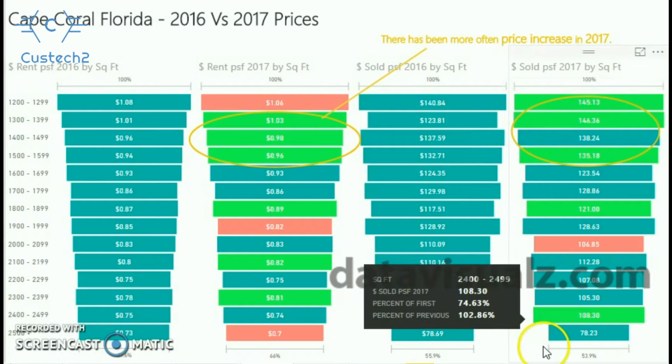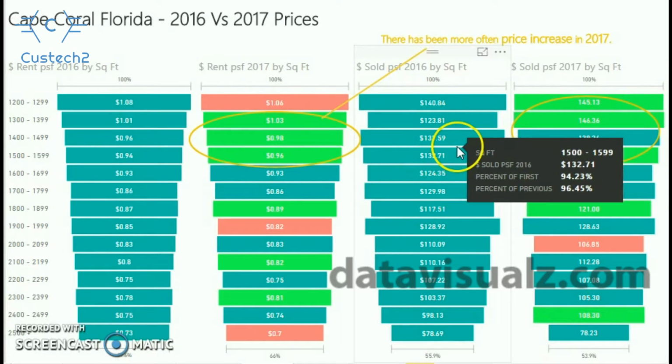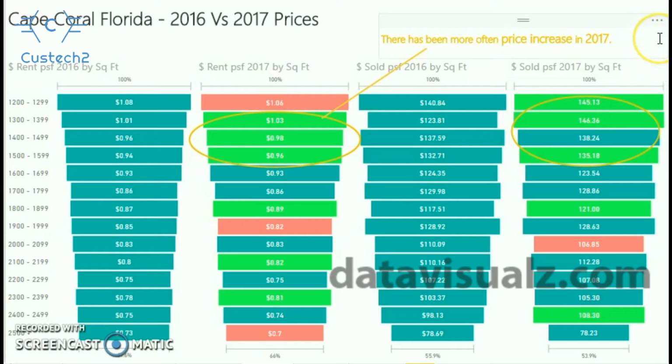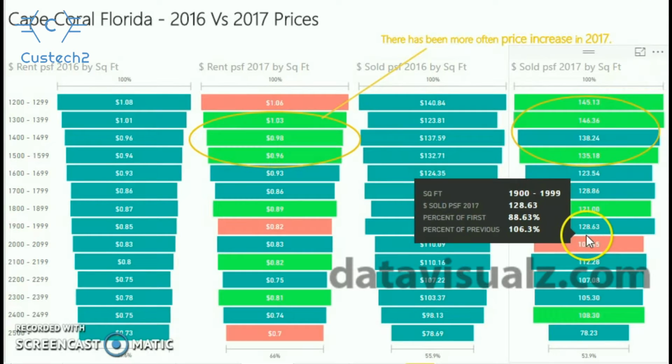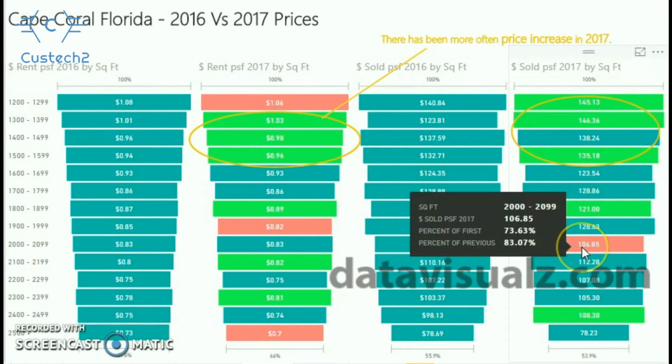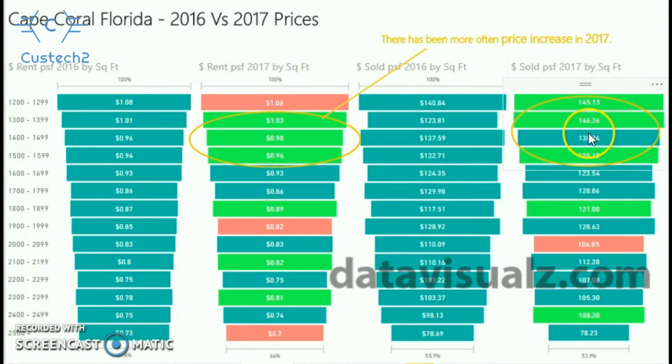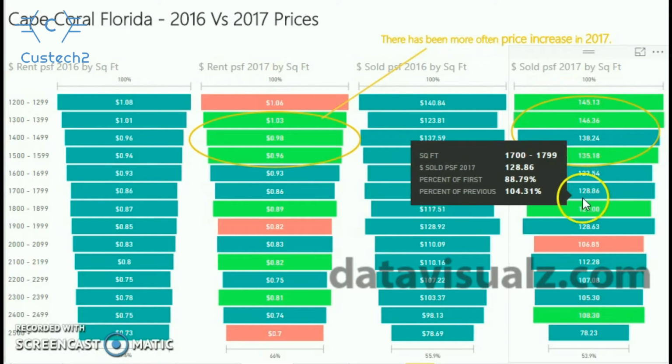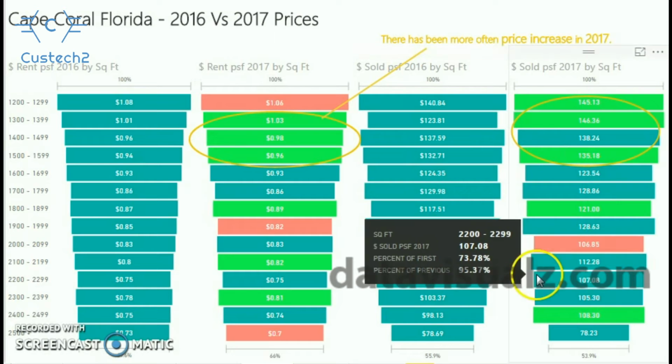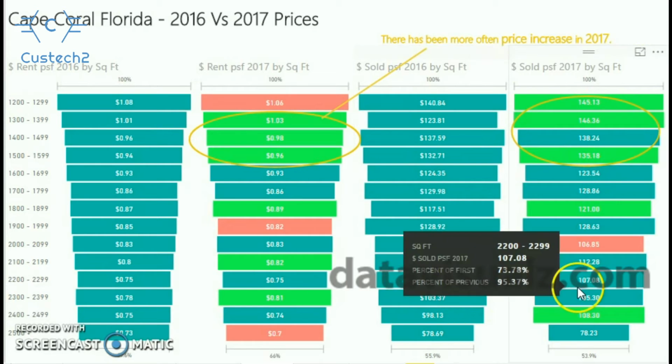But when we talk about sales, in fact, the increase has been more frequent. Only once there has been a decrease in price, and that's in the category of 2000 to 2100. Whereas in all other cases, there has been an increase or standard prices. Majority of them, it's increasing. 124, so it remains the same. 110, 112, 103, 105.